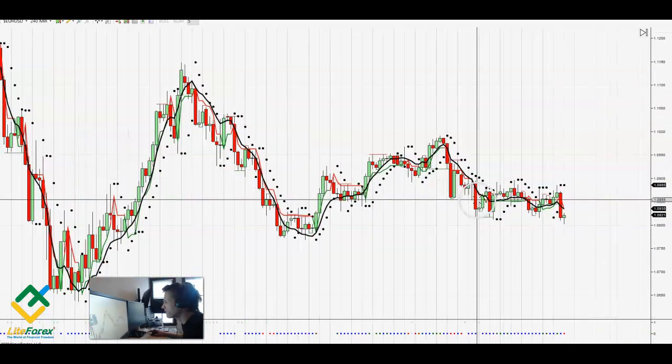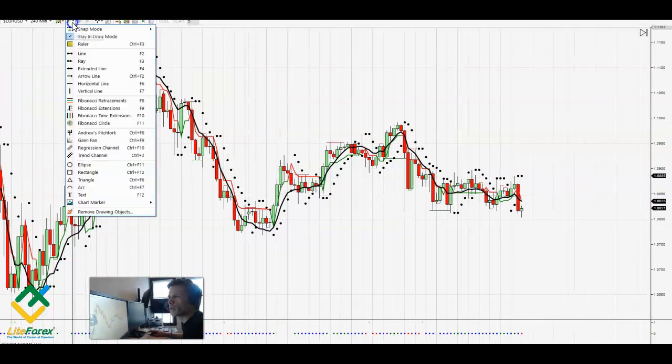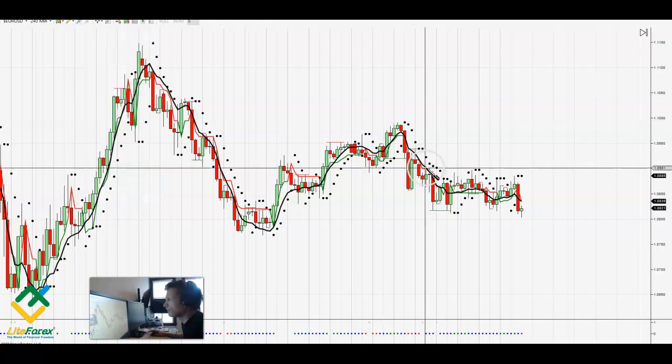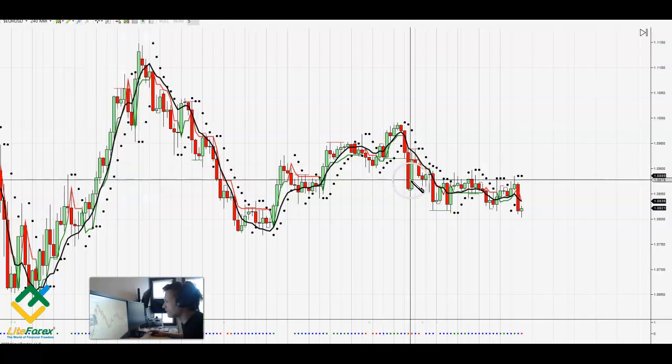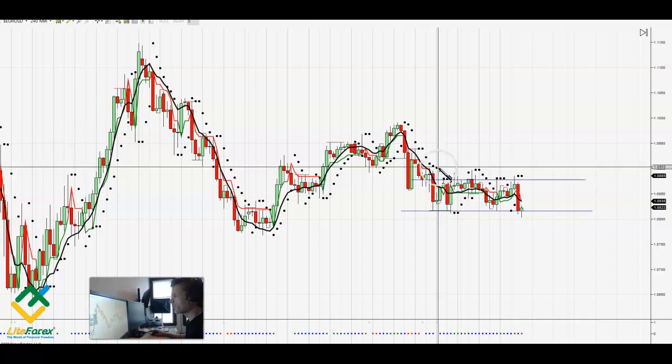Let's take a look at the 240. It is a choppy market, though, on the euro. You can just see this range. So we're in this sideways range. Definitely looks more bearish, though.